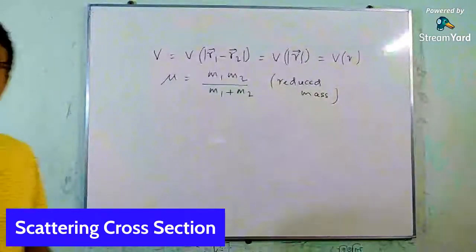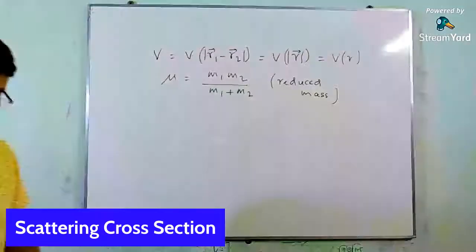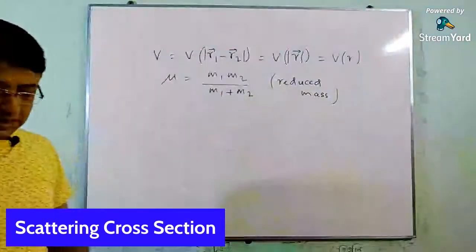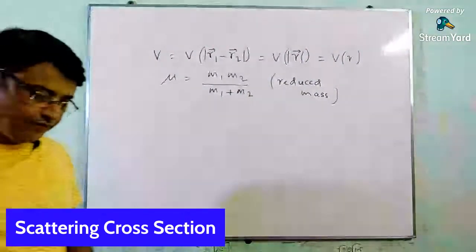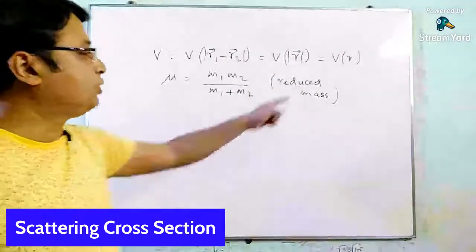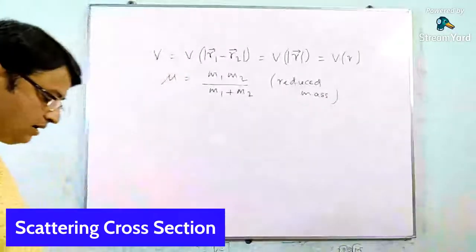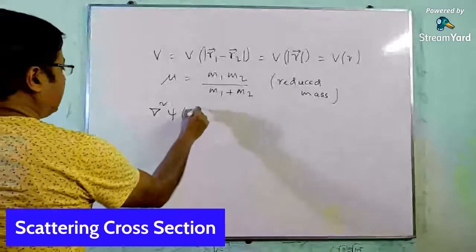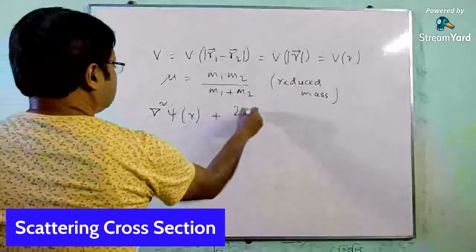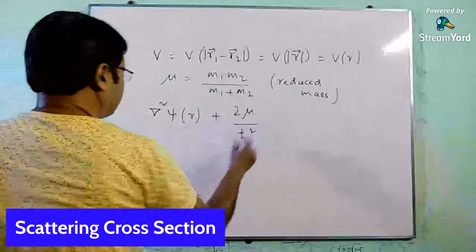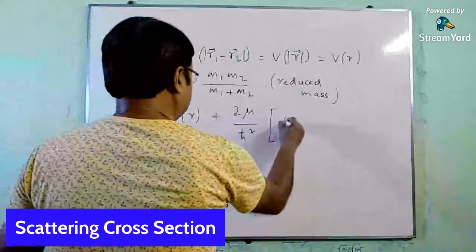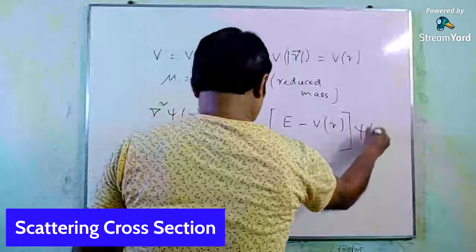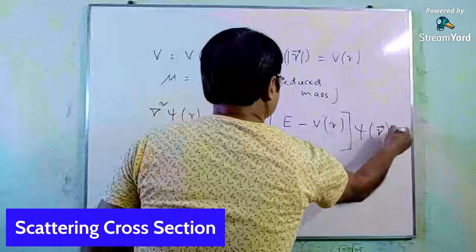So the time independent Schrodinger's equation for a particle of mass mu equals m1 m2 by m1 plus m2 moving in a field described by the potential function V of r is given as del square psi(r) plus twice mu by h cut square, times E minus V(r), psi(r) equals 0.